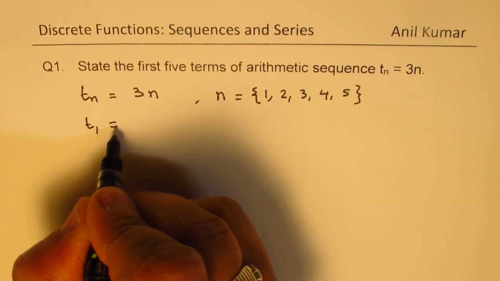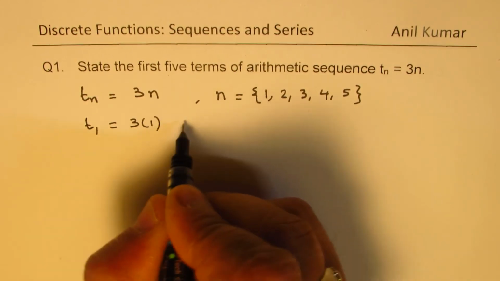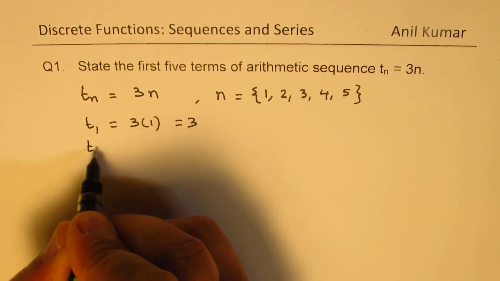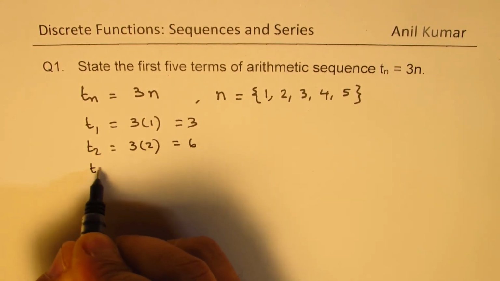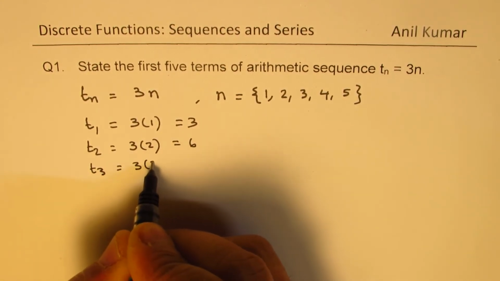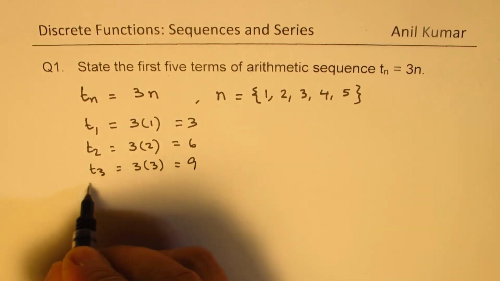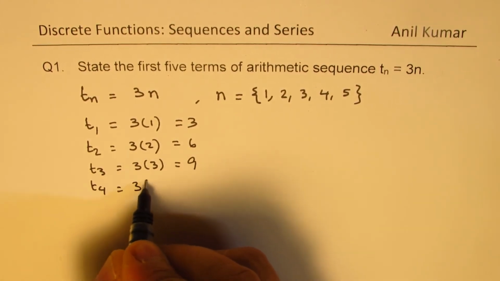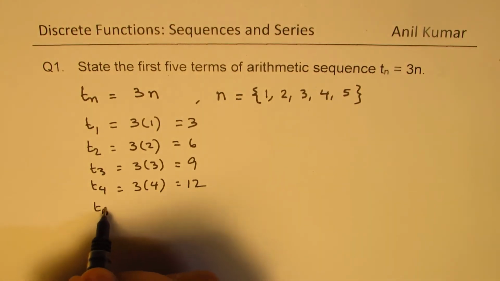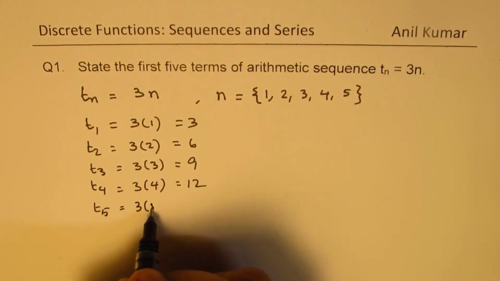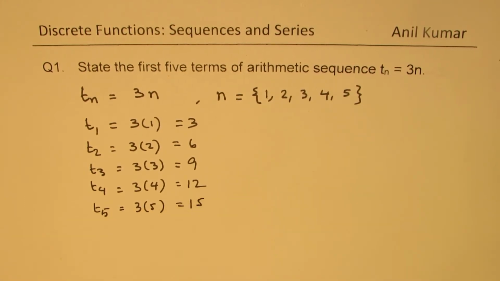So if it is T1, the first term will be 3 times 1, which is equal to 3. The second term will be 3 times 2, which is 6. The third term will be 3 times 3, which is 9. The fourth term will be 3 times 4, which is 12. And the fifth term will be 3 times 5, which is 15.